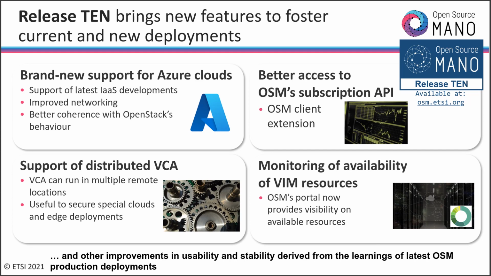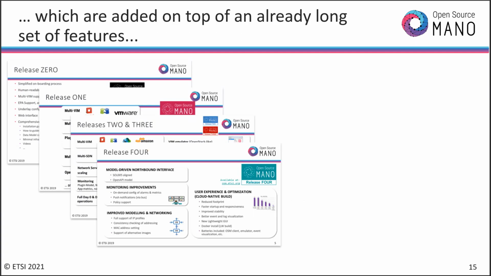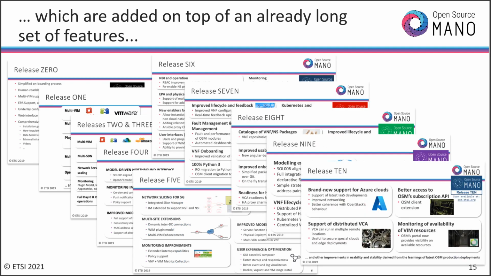If we wanted to summarize what is shipped in OSM, it is not trivial. I focus on release 10 and the novelties, but we actually have 11 releases at our back. We started with release 0. So right now we are quite aware that it's not trivial to describe one by one the functionalities that OSM offers.